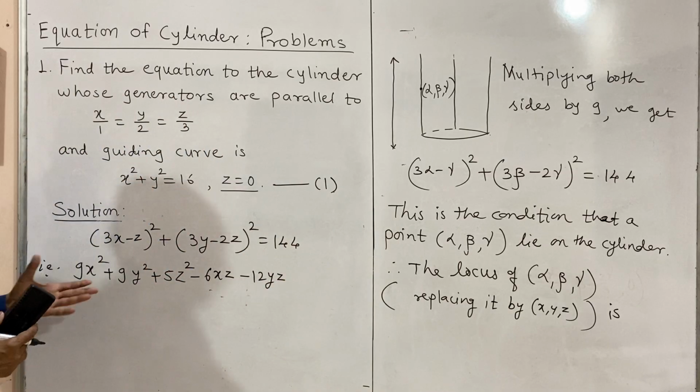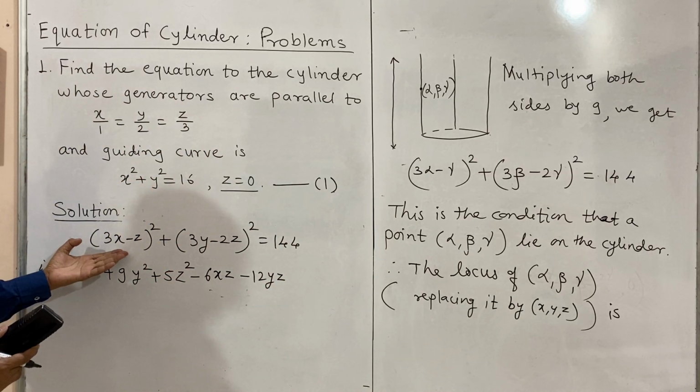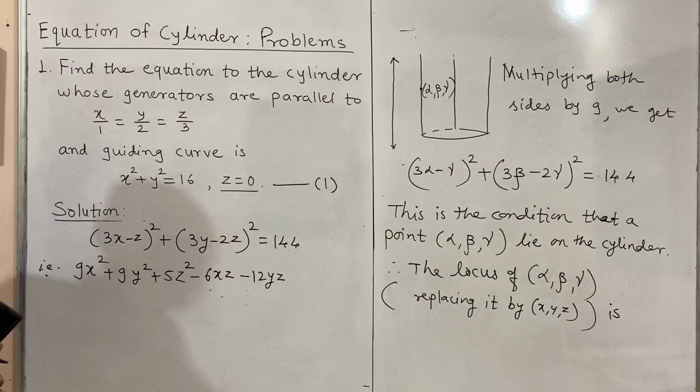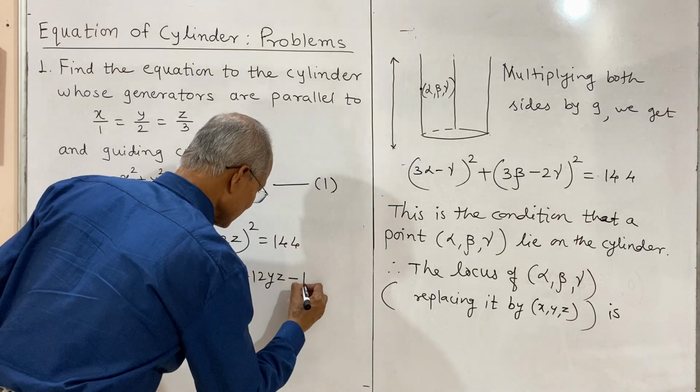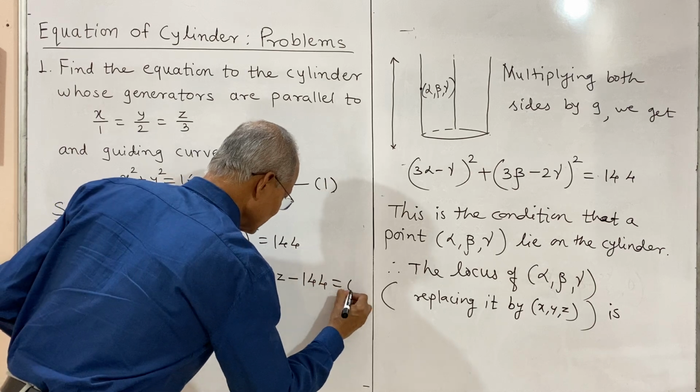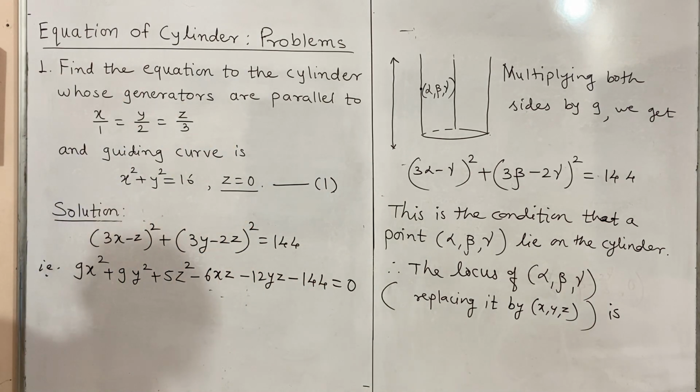So we have collected all the terms, and now the right side 144 is to be transferred to the left, and this is equal to 0. So this is the equation of the cylinder.